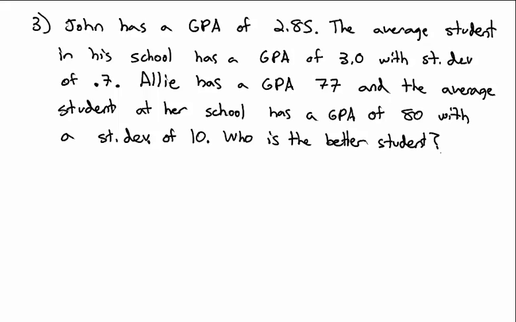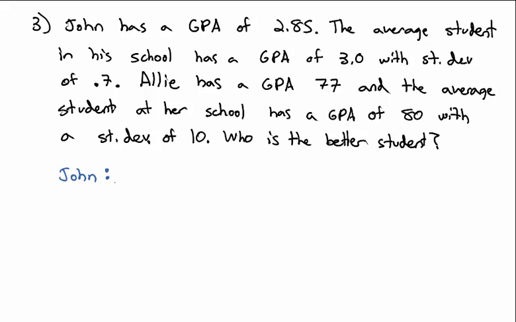This is really difficult to compare with the numbers we have because John's GPA is out of 4, Allie's GPA is out of 100. They're both below average, but how do they compare with their classmates? Standard deviation standardizes and normalizes a comparison. Watch what's possible if we look at John.